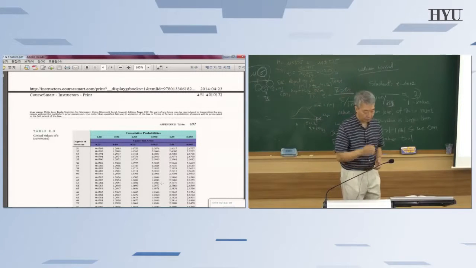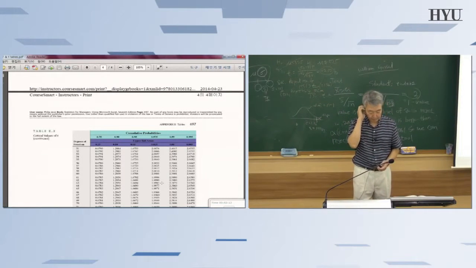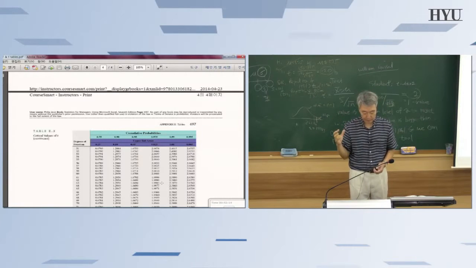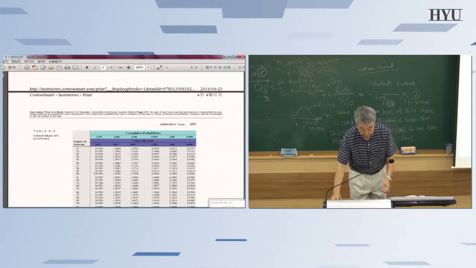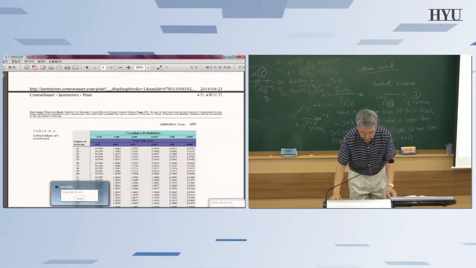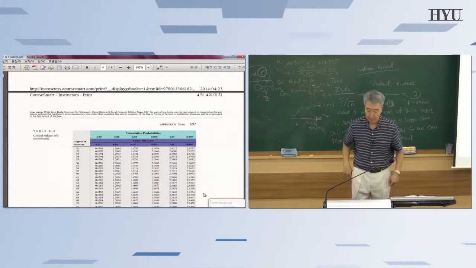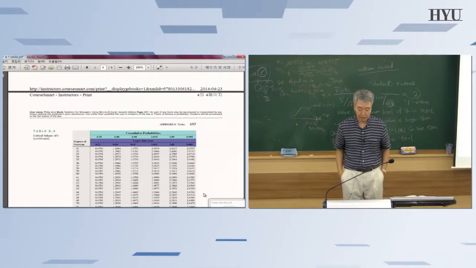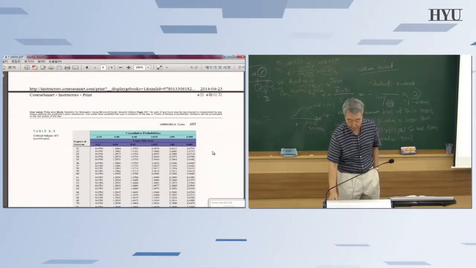So we have to use a t table to run the test, and other things are exactly the same.